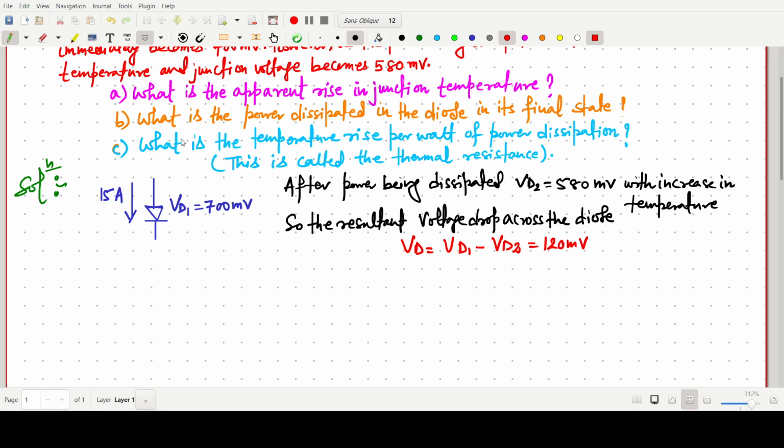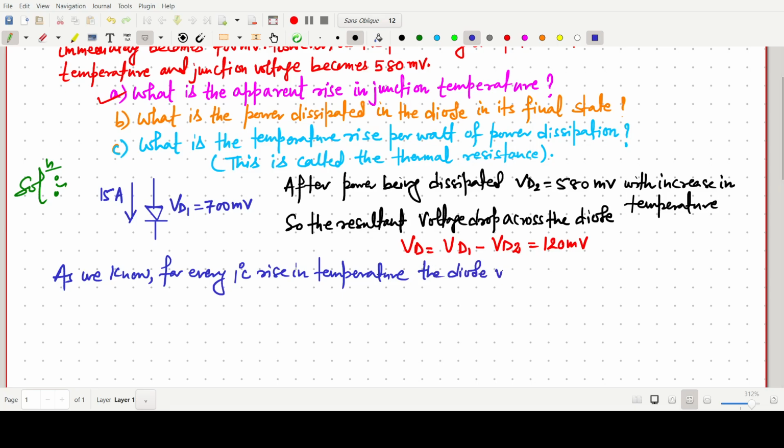So we have to find first the apparent rise in temperature. As we know, one very fundamental thing: for every 1 degree centigrade rise in temperature, the diode voltage decreases by 2 millivolt.